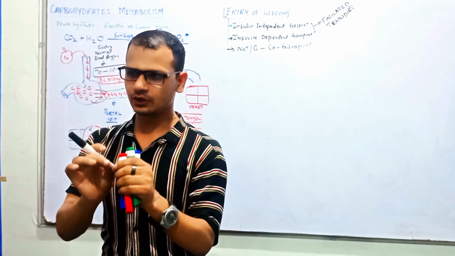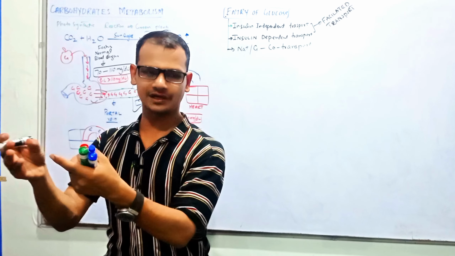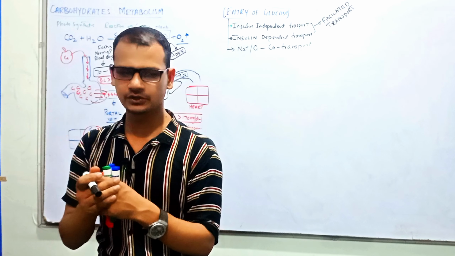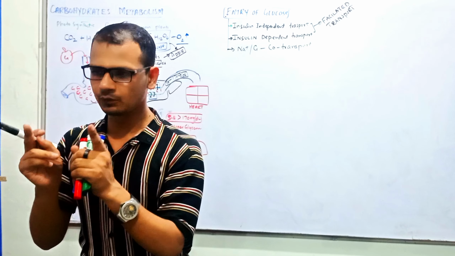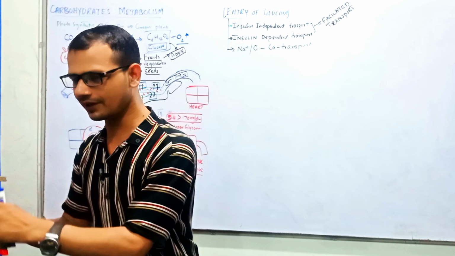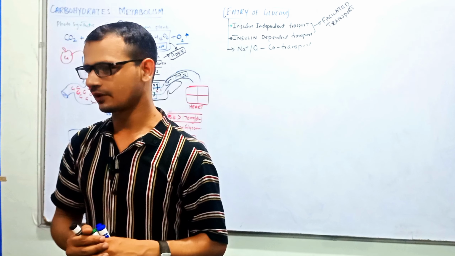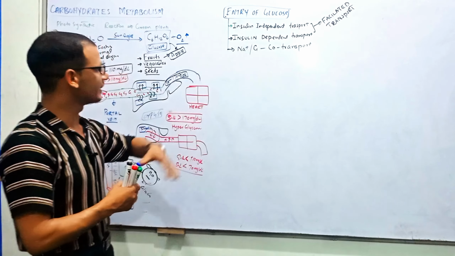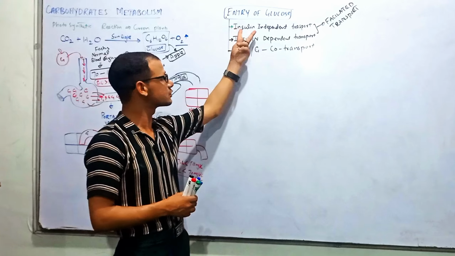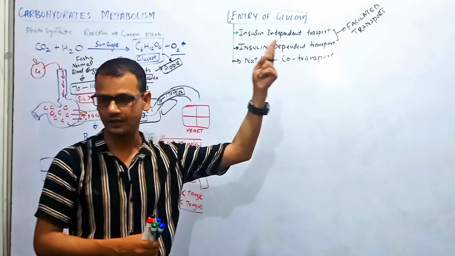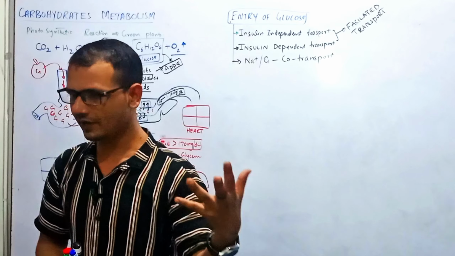The movement of molecules from high concentration into lower concentration is called simple diffusion. What is active transport? The movement of molecules from lower concentration into high concentration with the use of energy is called active transport. Right? So this insulin dependent and insulin independent transport system is facilitated diffusion or facilitated transport.